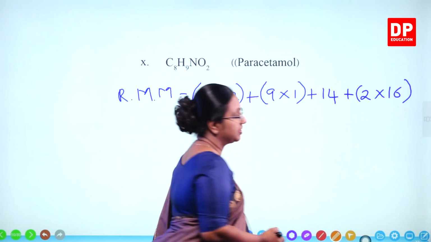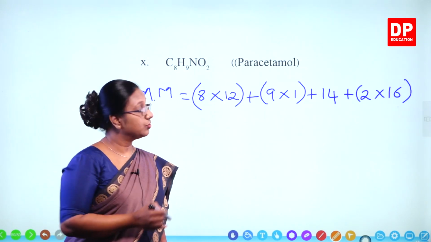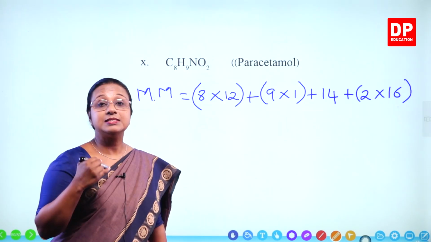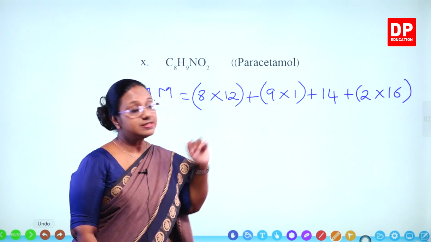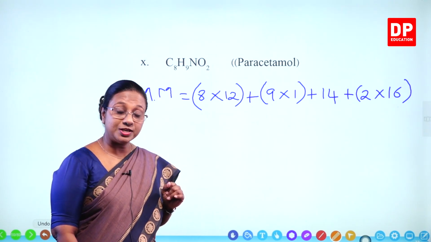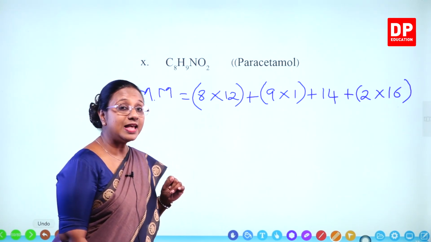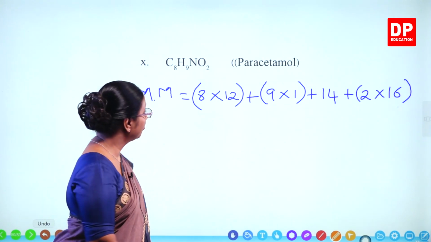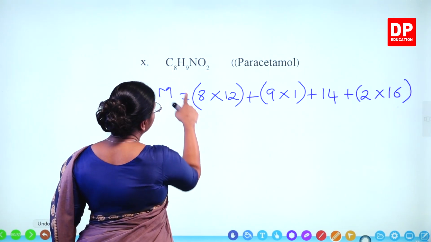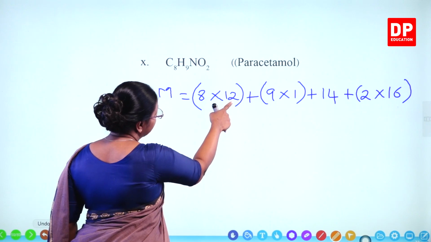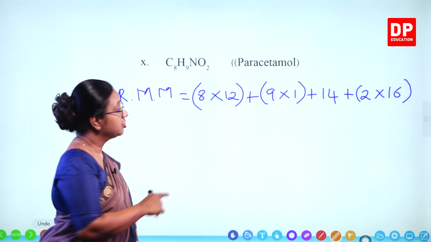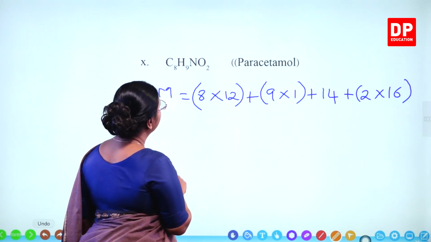So you can directly write the relative atomic mass of nitrogen, 14, and oxygen, there are 2 oxygens, relative atomic mass of oxygen is 16. So you multiply 2 by 16. So this is how we write the equation to calculate. Why is that? I am sure you know. There are 8 carbons, relative atomic mass of carbon is 12, so we need to multiply 8 by 12.